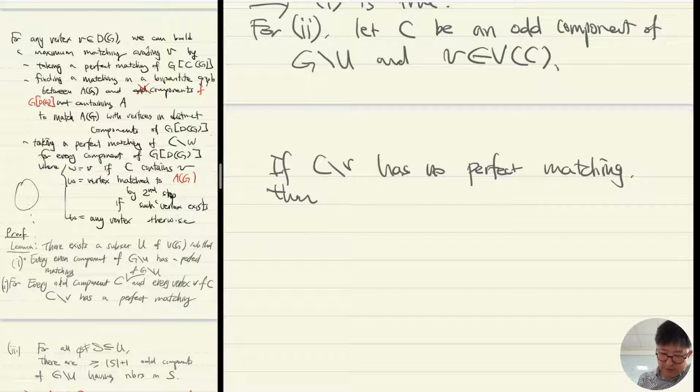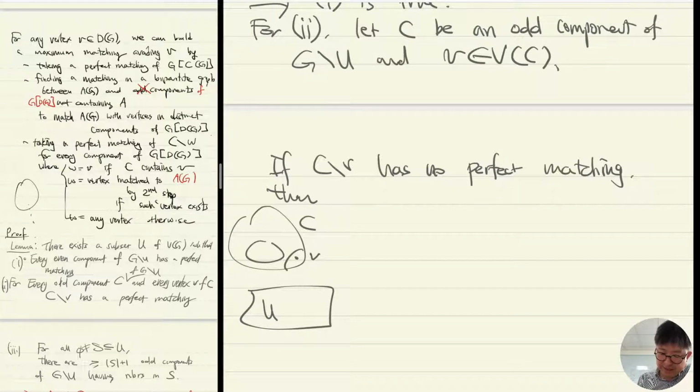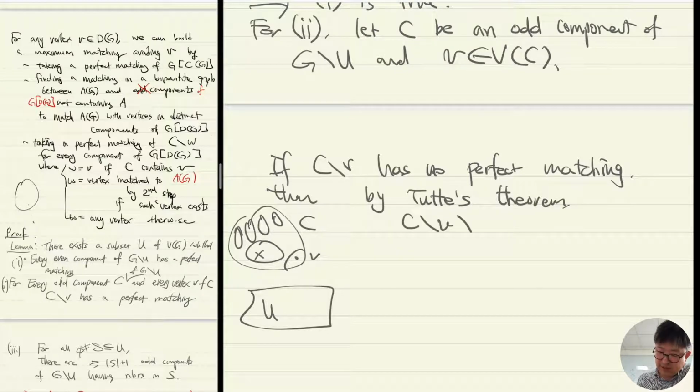Right, so here's a U, here's a C, there's a vertex V. If it doesn't have a perfect matching, I can delete something, and then in the remaining I have too many odd components, right? So by Tutte's theorem, C delete V delete X has too many odd components.